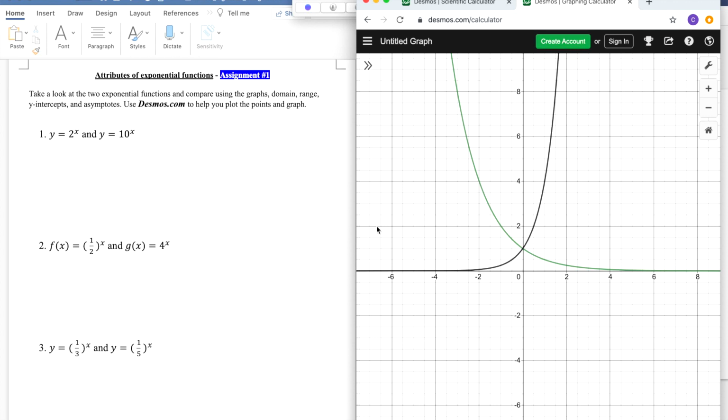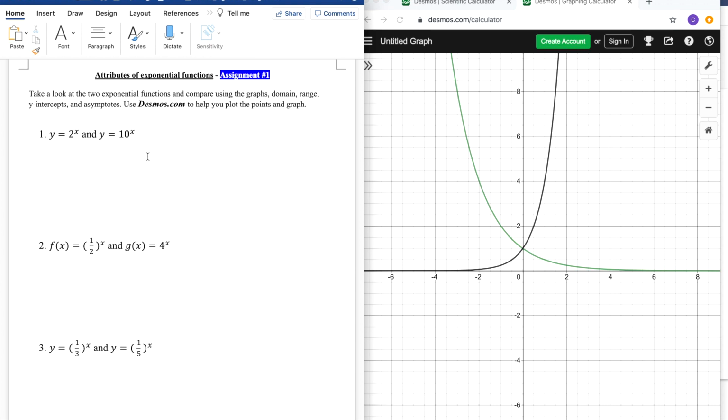Decay, growth. Now all you're going to do is just describe the comparison, and we're just going to make it very simple. So f of x, we know, is an exponential decay. G of x, we know it was exponential growth.